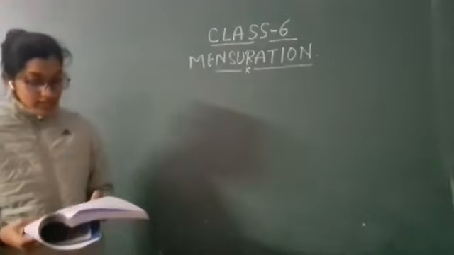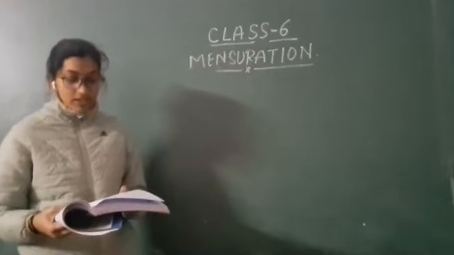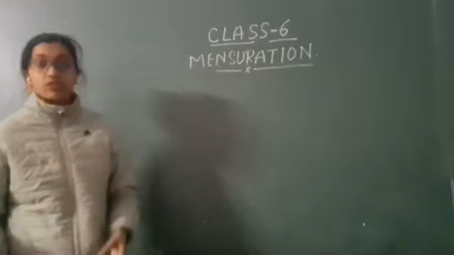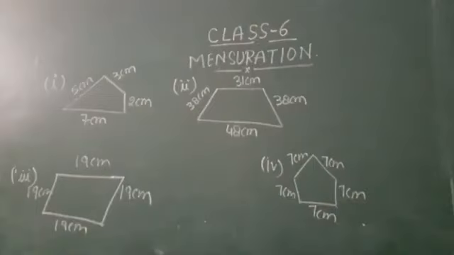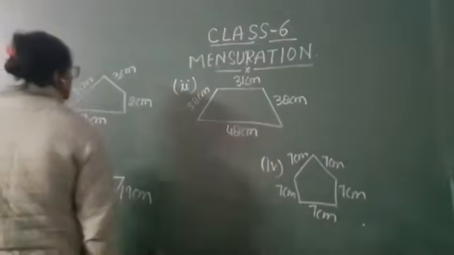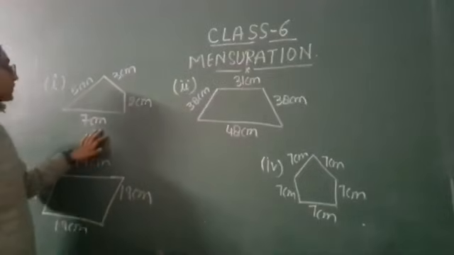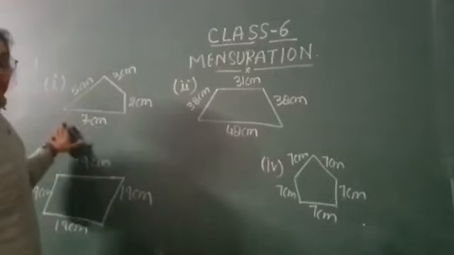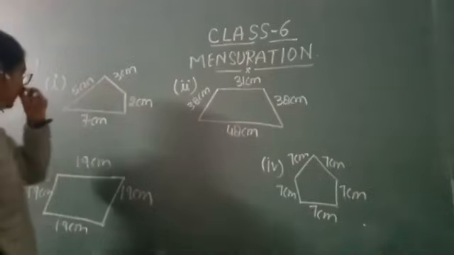The first question says, find the perimeter of each of the following figures. How many parts are given? 4 parts are given. Now question number 1, first part. In the first part, a closed figure is given, and measurements are also given.